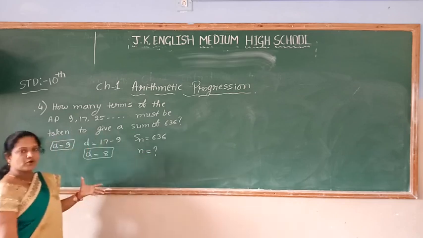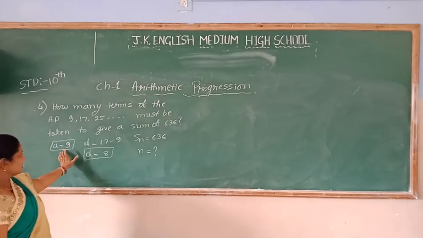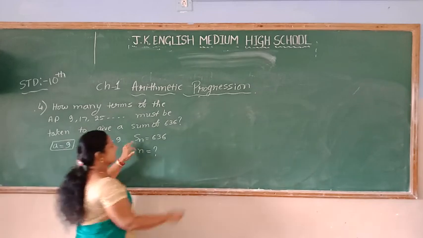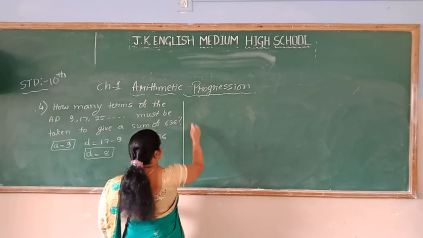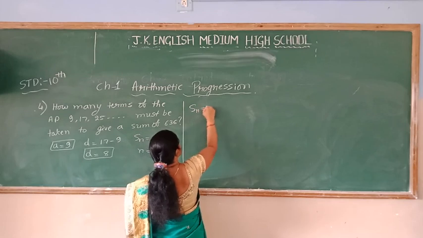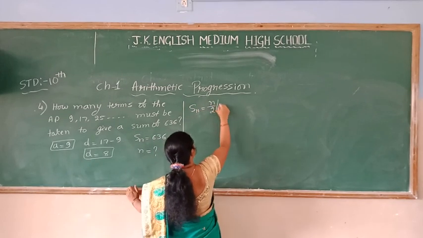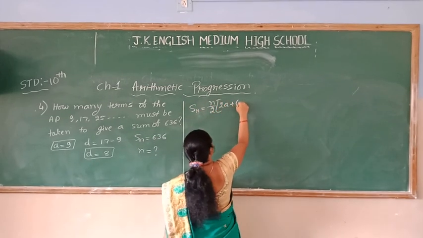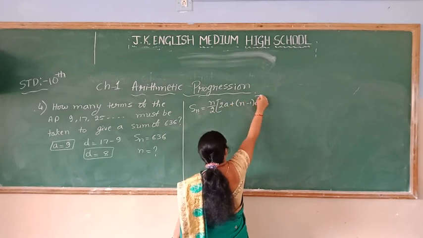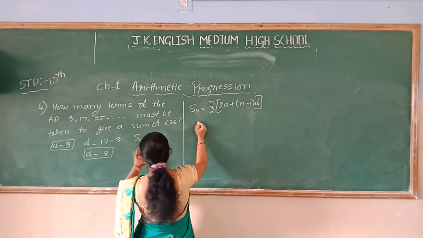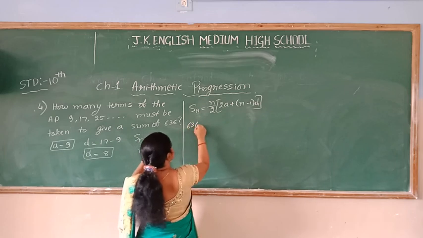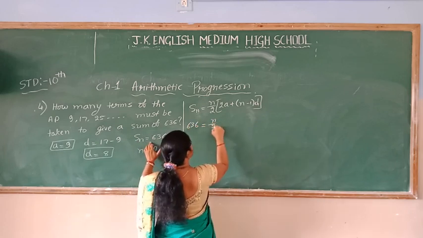So which formula can I use now? Which contains a, d and Sn. So I can use the formula Sn is equal to n by 2 into 2a plus (n minus 1) into d. Substitute the values now. Sum of n terms is 636. The n value we don't know.